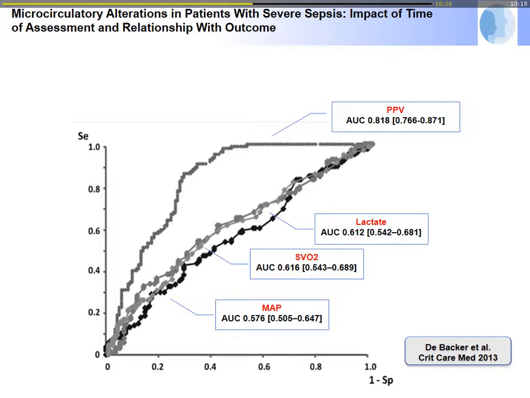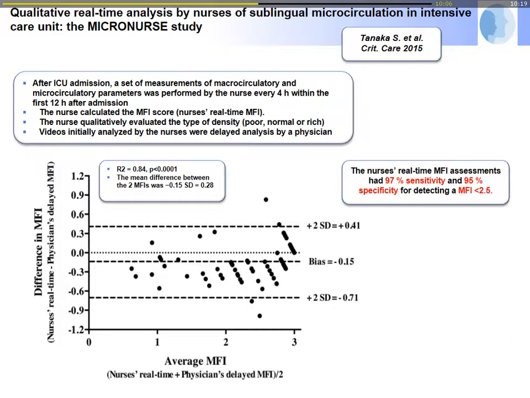And you can see it's clearly very impressive compared to lactate, SVO2, or mean arterial pressure. So for me, it's the proof that looking at the sublingual microcirculation clearly has a significance considering outcome.